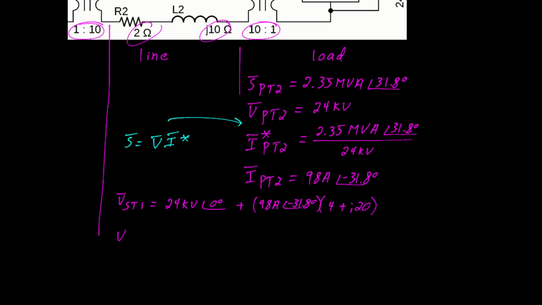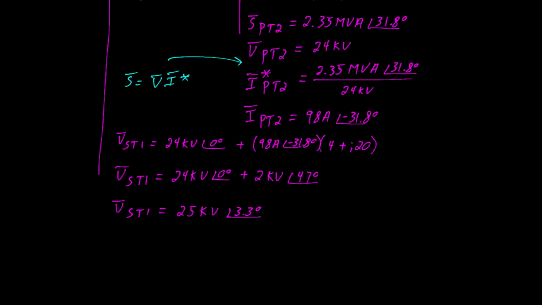We have to be careful here because there's actually 2 wires in this particular system, so that impedance is 4 plus j20. So the voltage on the secondary of T1 is 24 kilovolts at a phase angle of 0 degrees plus 2 kilovolts at a phase angle of 47 degrees. If we combine that together, it's approximately 25 kilovolts at an angle of 3.3 degrees.